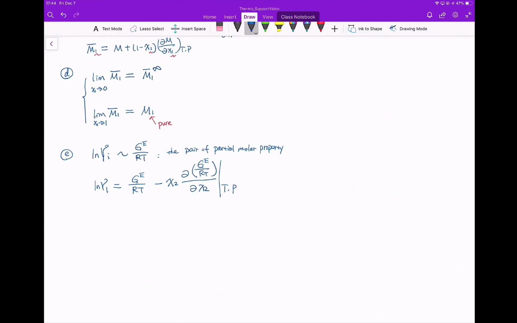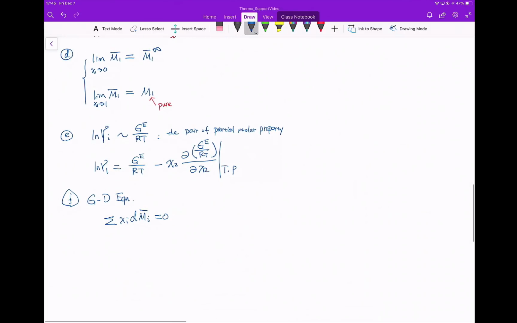And then the equation, useful equation F, would be the so-called GD equation, Gibbs-Duhem equation. That equation would tell us that if you are going to have still, let's use the binary as the example, then you would have generally xi dmi partial would be 0.